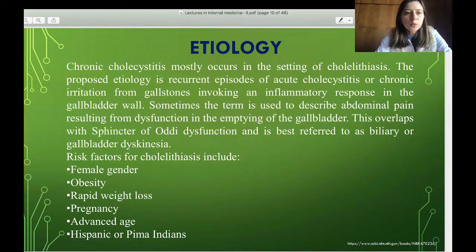This overlaps with sphincter of Oddi dysfunction and is best referred to as biliary or gallbladder dyskinesia. Risk factors for cholelithiasis include female gender, obesity, rapid weight loss, pregnancy, advanced age, and Hispanic or Pima Indian ethnicity.